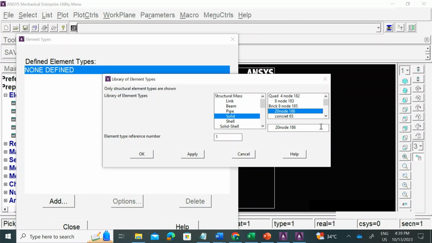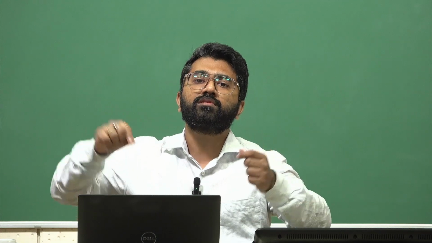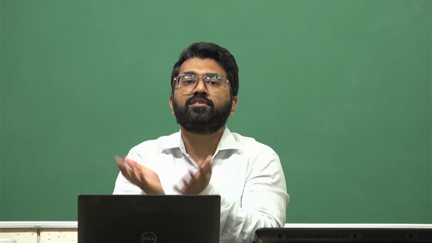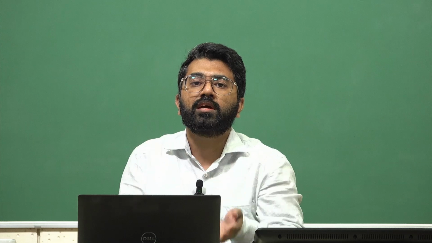So solid 186 with a 20 node means 20 places, or 20 vertices, where this entire element can get deformed or shaped or adjust to any kind of curvature or any kind of shape in your model, and fit within that, right?